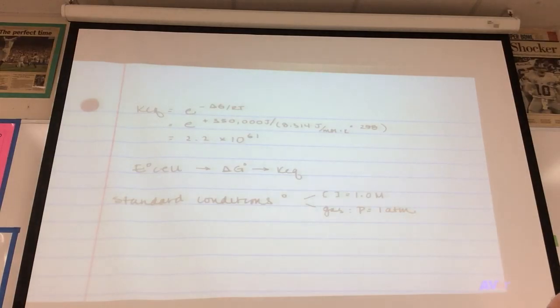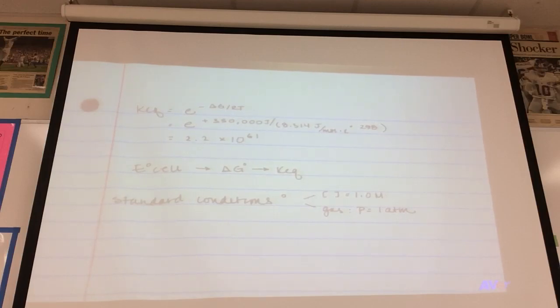But sometimes you're working under non-standard conditions where you have alterations in concentration, so less than or greater than 1 molar, or pressures that are not equal to 1 atmosphere. So under non-standard conditions, you won't have these. You'll have some variation. And this can be an extremely confusing concept that we will introduce here.